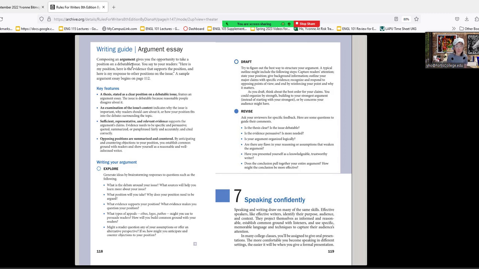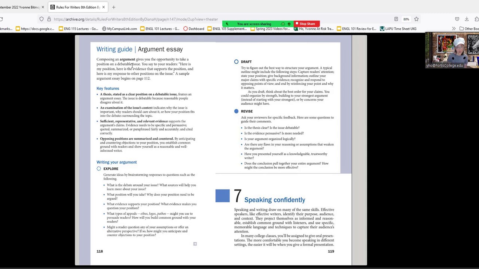Recognize and respond to opposing points of view, and end by reinforcing your point and why it matters. As you draft, think about the best order for your claims. You could organize by strength, building to your strongest argument, instead of starting with your strongest, or by concerns your audience might have.